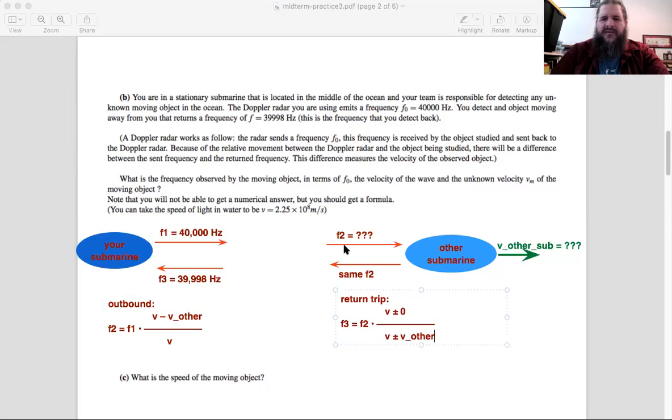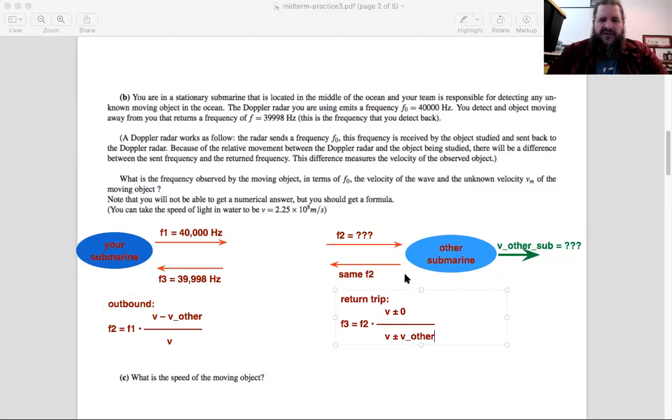There may be a phase shift involved, typically either an extra half a cycle, plus pi, or no difference at all, depending on whether it's going from slow and bouncing off fast or from fast and bouncing off slow. It's possible that the bounce causes crest to turn into trough and trough to turn into crest. But that doesn't influence the frequency at all. So frequency is going to stay the same during the bounce back. In fact, even the wavelength is not going to change because it's still in the same medium.